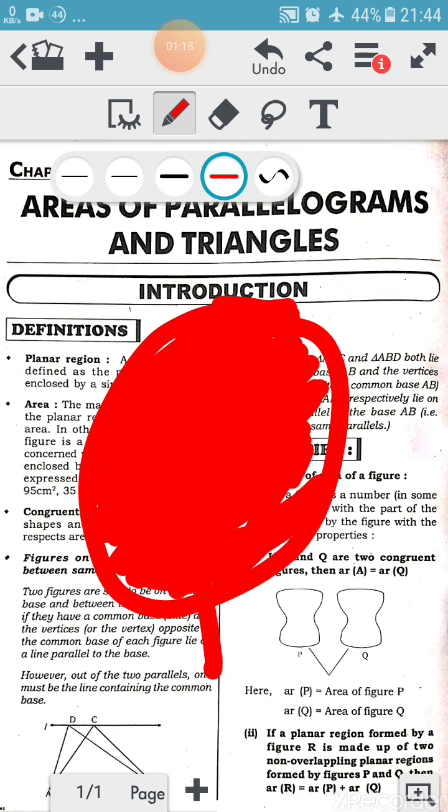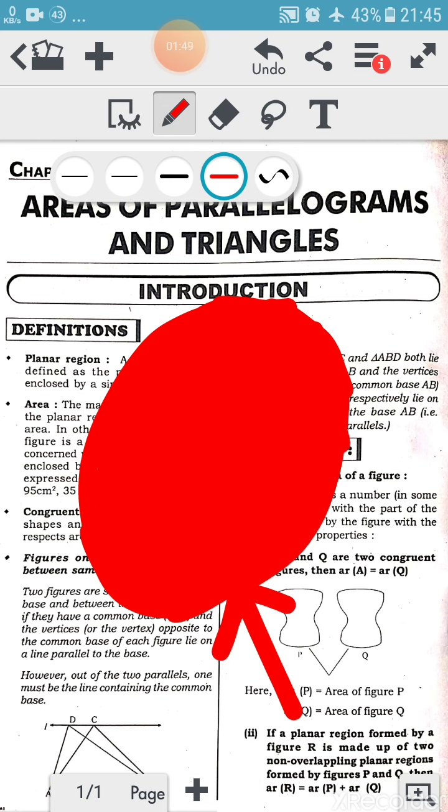This planar region is covering this much area in this mobile screen. So this much is space in this plane of the mobile. So this will be the area of this planar region.